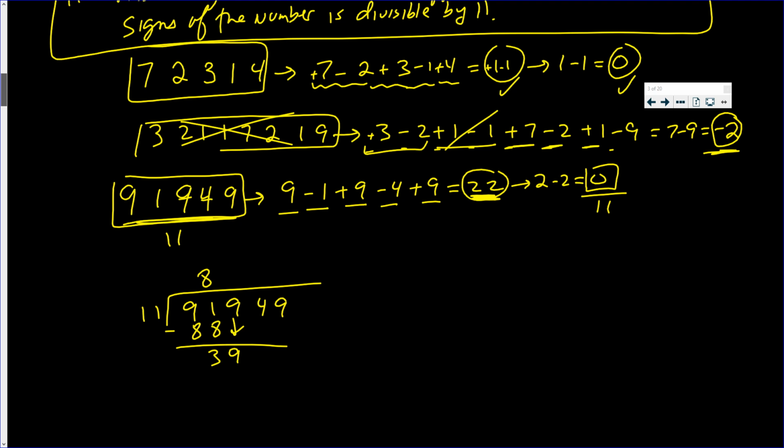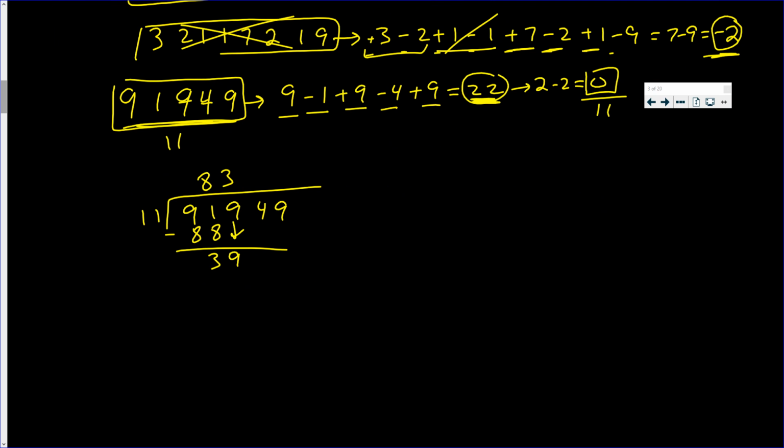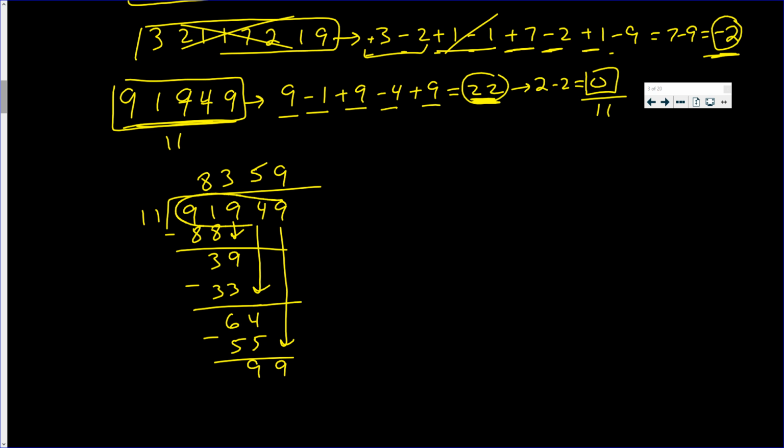Bring down the 9. It goes 3 times with 6 left over. Bring down the 4. It goes 5 times with 9 left over. Bring down the 9. 11 goes into 99 9 times. Yep, this number is divisible by 11.